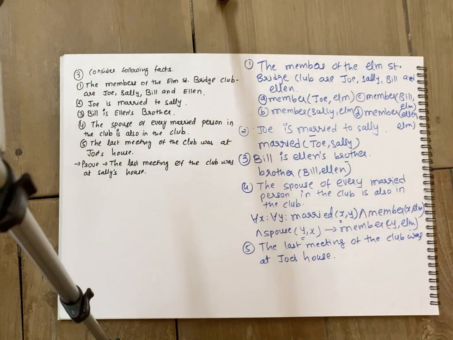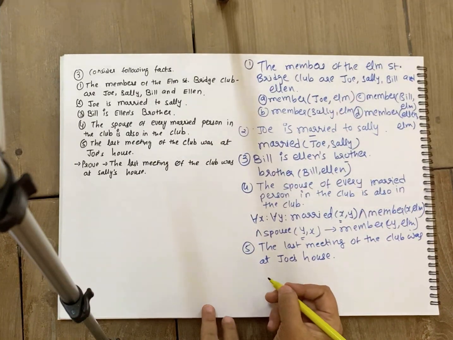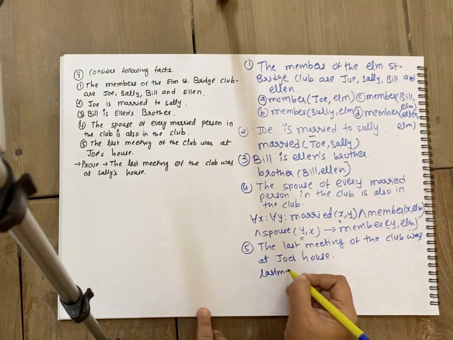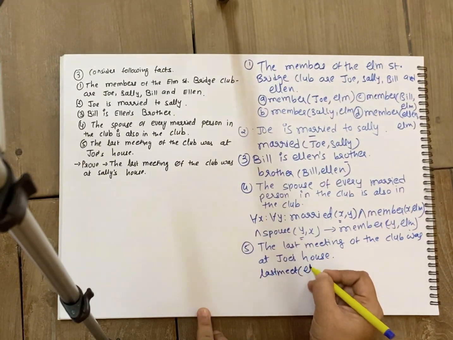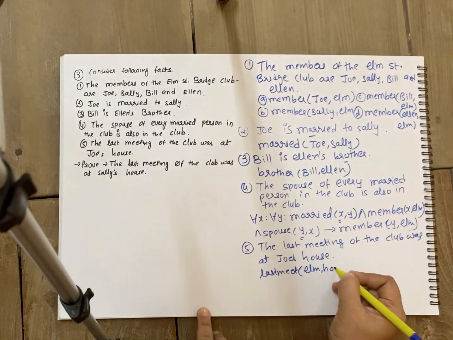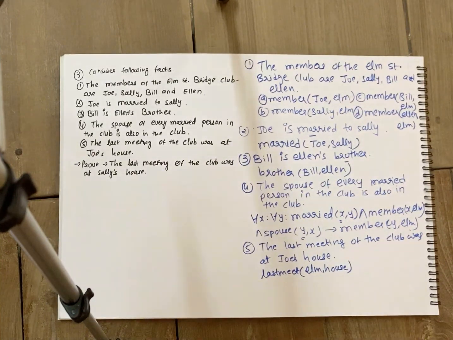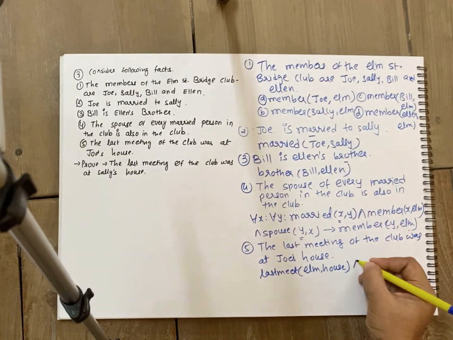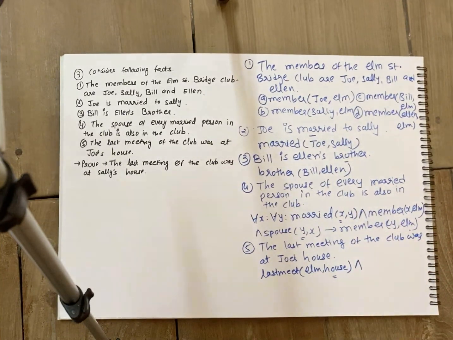The last meeting was at some specific house, and that house is owned by Joe. So there are two predicates. One for last meeting: last meeting of which club? ELM club. Which place? Let us say the name of the house is house. We identify houses by number, like house number 13 or 50, but here let us assume house is the name of the house. So last meeting of ELM club was at house.